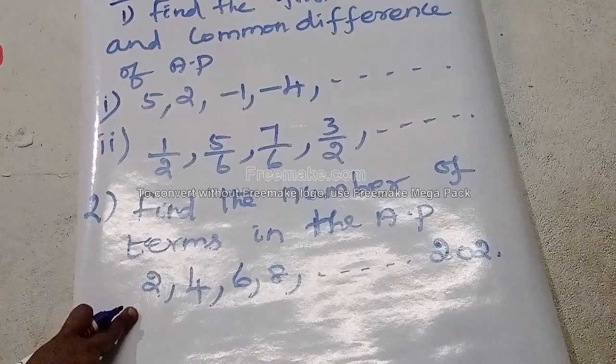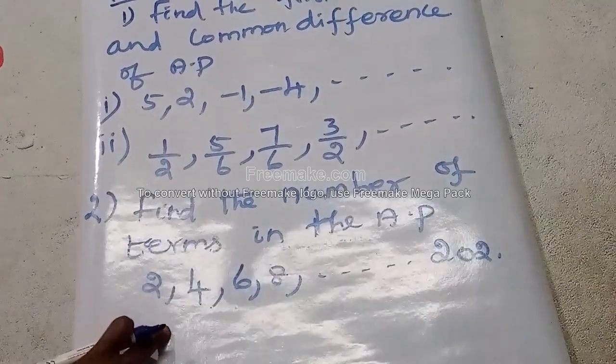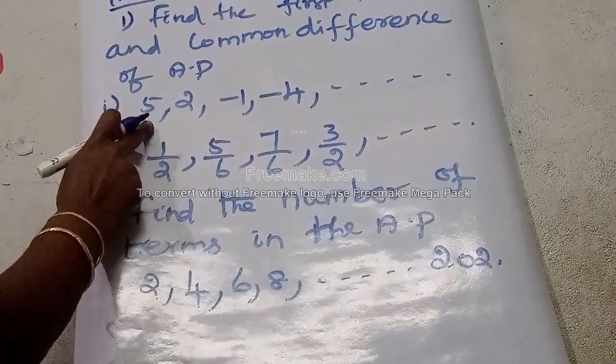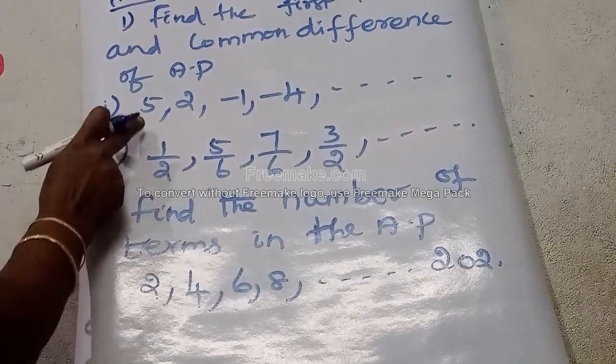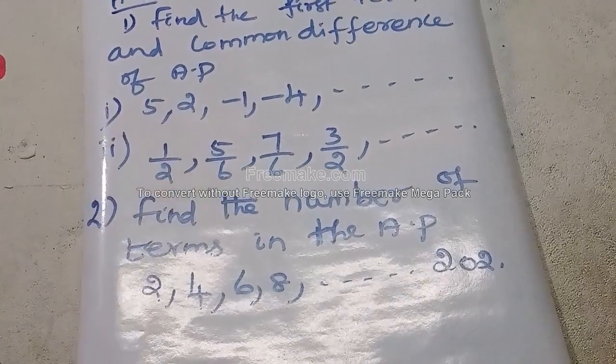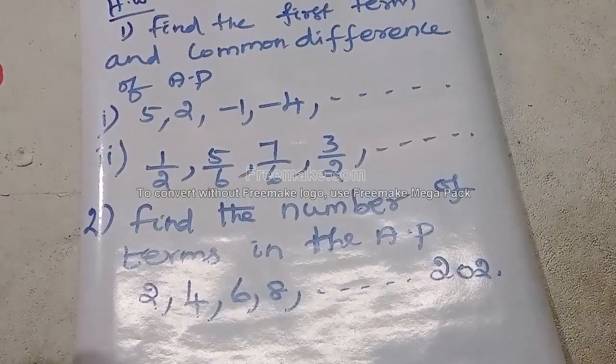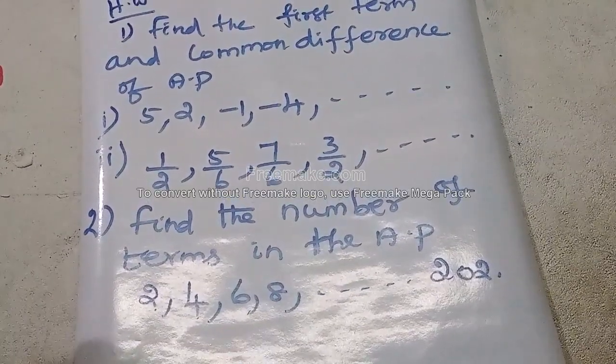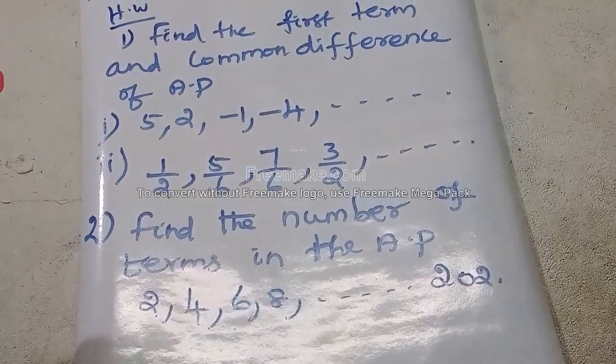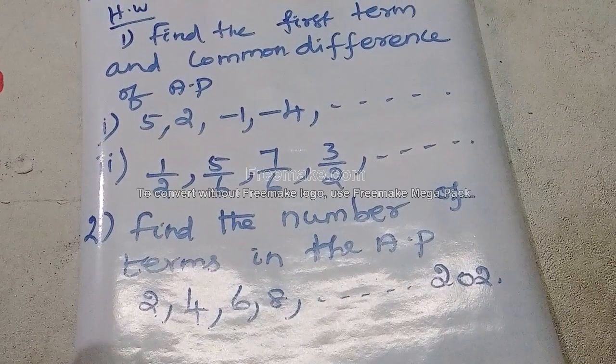For this you have to use the formula n is equal to L minus A by D plus 1. For this you need the first term and common difference alone. For the common difference you have to use T2 minus T1 and T3 minus T2. Okay, and so students, these are today's questions. Okay. Thank you students.